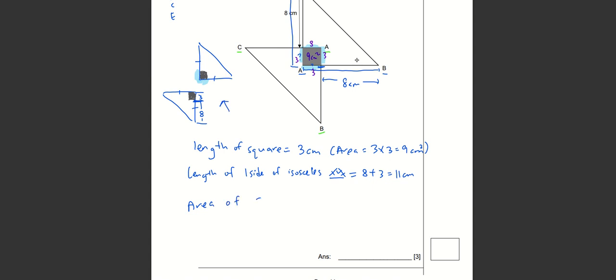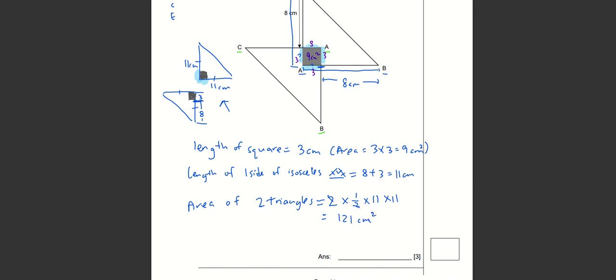The area of these two triangles will be two triangles times half times base 11 times height 11, because it's isosceles, right? So you have 11 centimeters by 11 centimeters, and that will give me 121 square centimeters.